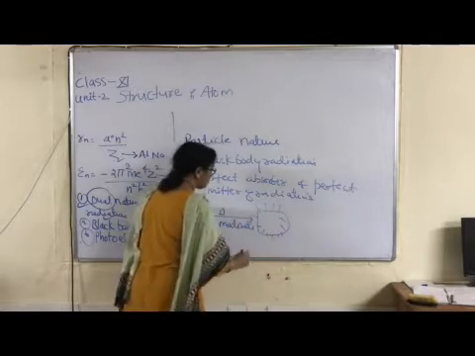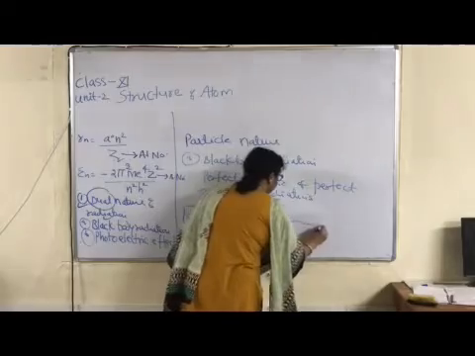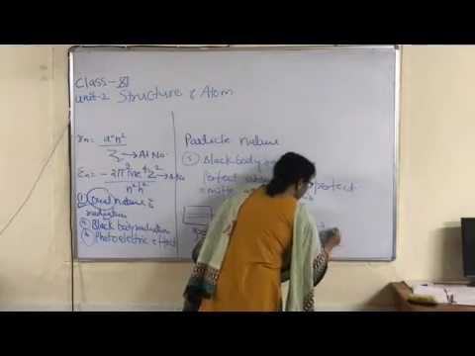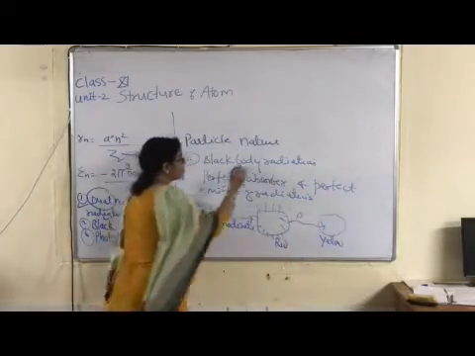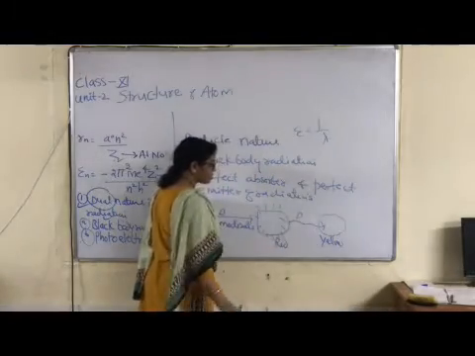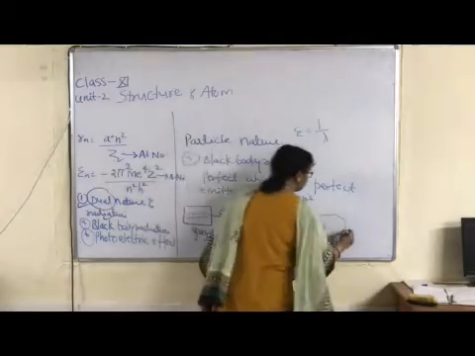At high temperature appears in which color? Red. On further heating, yellow. Color changes from one to another due to change in its energy. Energy is inversely proportional to wavelength, right? So different color appears. Up to red heating on further heating at a very high temperature.